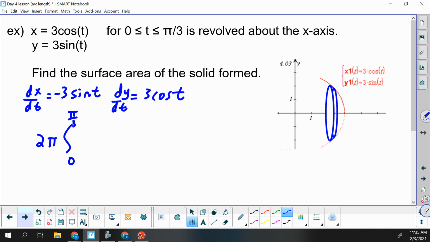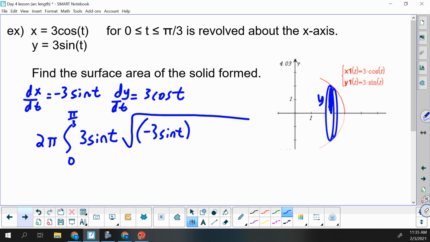Now the big decision we have is our radius. We're going over the x-axis, so that would be our radius, which is a y. So we're going to have our y of t, which was 3 sine of t. And then we'll just do our square root of dx of t squared plus dy of t squared times dt.